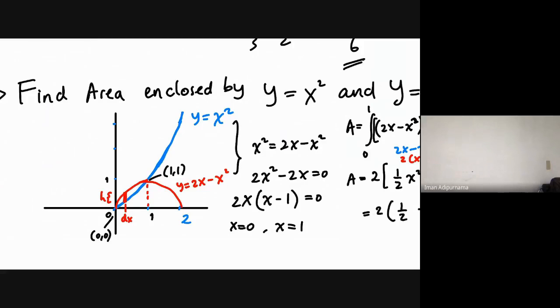If you have the curve here, the blue one and the red one, the method is the function on the top minus the function on the bottom. I will give you some exceptions based on the shape of the area, but later. But the idea is just this: the function on the top minus the function on the bottom. Okay, and then just integrate and find the interval.